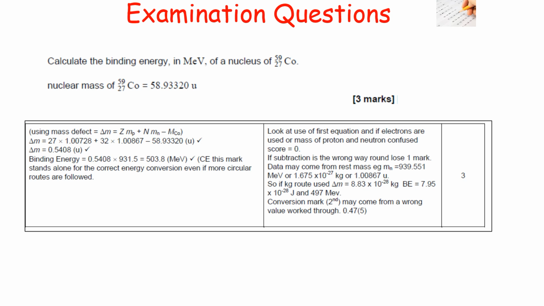This will give you the mass change from turning your protons and neutrons into the nucleus, and then you can work out your binding energy by multiplying that value by 931.5, because that's the conversion factor between the mass in u and the energy in MeV. So you should work it out to be that the mass difference in u is 0.5408, and you multiply by 931.5 to get your value of 503 MeV.